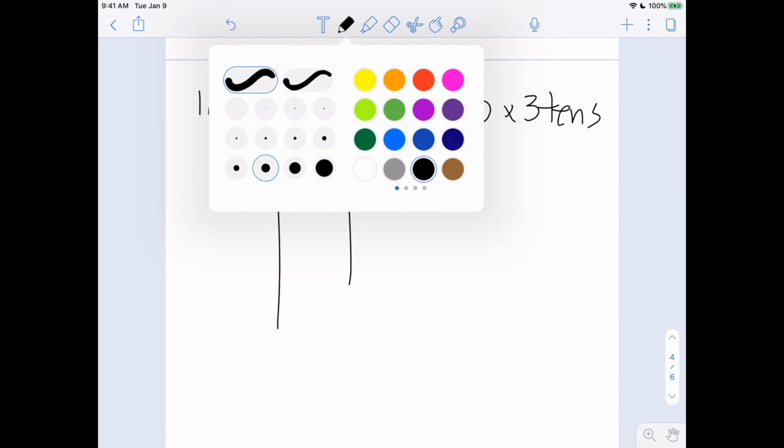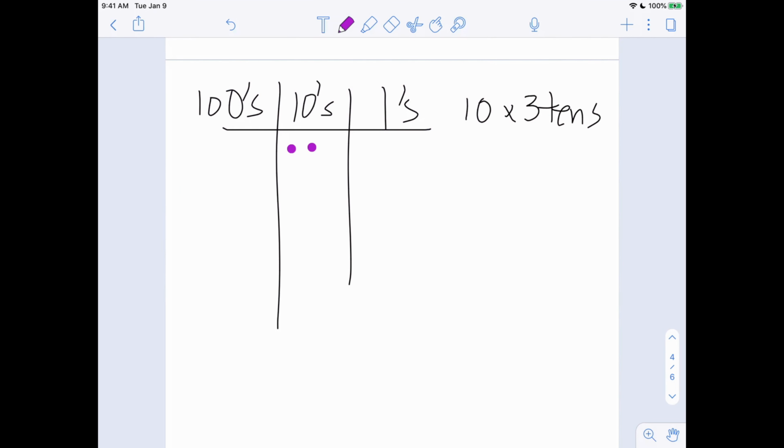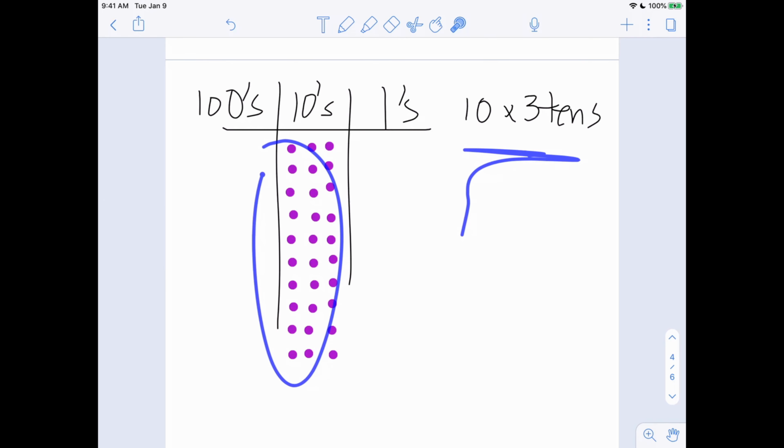Here's 3 tens, and we need 10 copies. 1, 2, 3, 4, 5, 6, 7, 8, 9, 10. So I now have 10 copies of 3 tens.